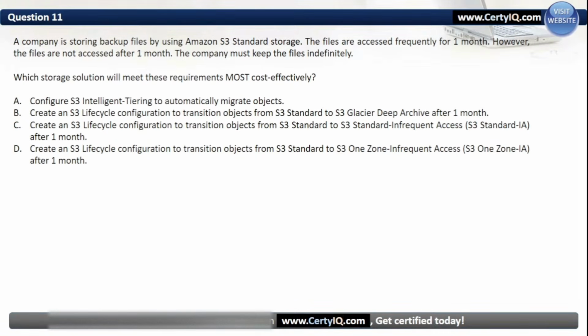Or D. Create an S3 Lifecycle configuration to transition objects from S3 Standard to S3 One Zone-Infrequent Access after 1 month. The correct option is B. Create an S3 Lifecycle configuration to transition objects from S3 Standard to S3 Glacier Deep Archive after 1 month.